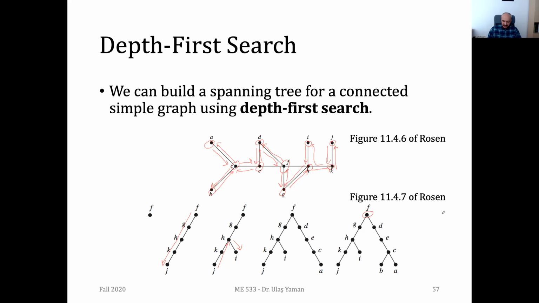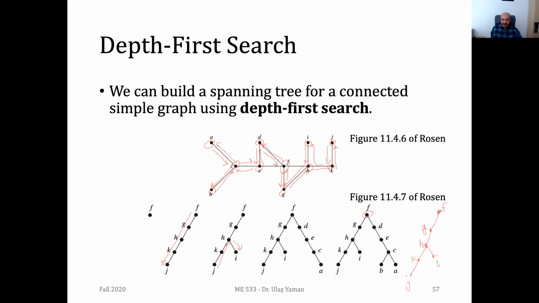In that case, let me draw it actually. This is F. I'm not going to change the left part, but let me draw it. This is H. I have I here.